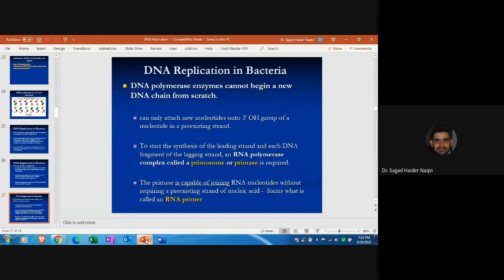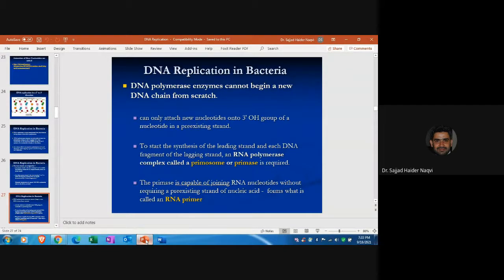Rather, it requires a pre-existing strand with a few nucleotides already attached together. And with that pre-existing strand, the DNA polymerase is capable of adding the new nucleotide on the 3' hydroxyl group of this pre-existing strand. This pre-existing strand, which is a must condition for this DNA polymerase in bacteria to add on the new nucleotide, is termed a primer.